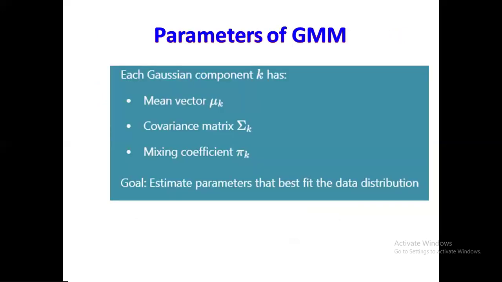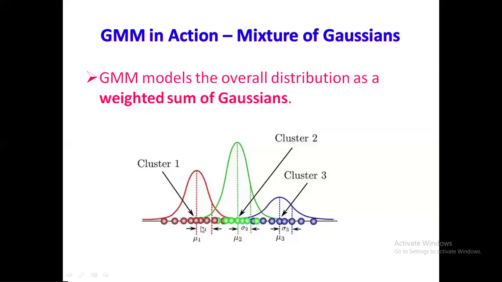And what are the parameters we are using? Each Gaussian component in a GMM is defined by three key parameters: the mean vector mu_k, the covariance matrix Sigma_k, and the mixing coefficient pi_k. The mean vector determines the center of the Gaussian. See here, this is the center, mu, representing the center of the Gaussian.